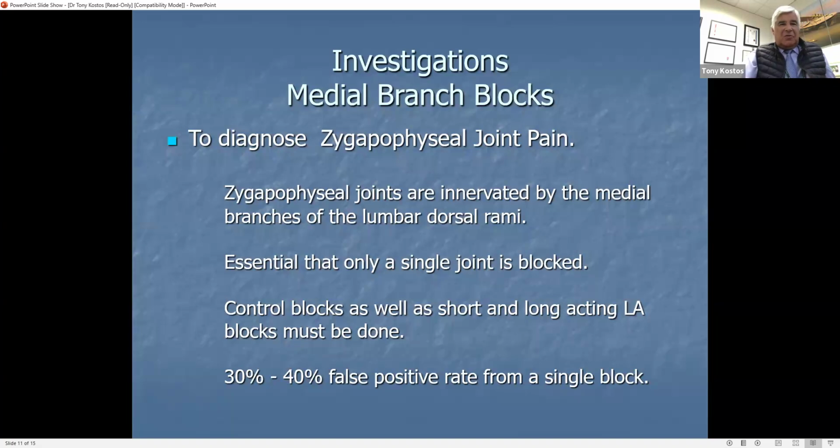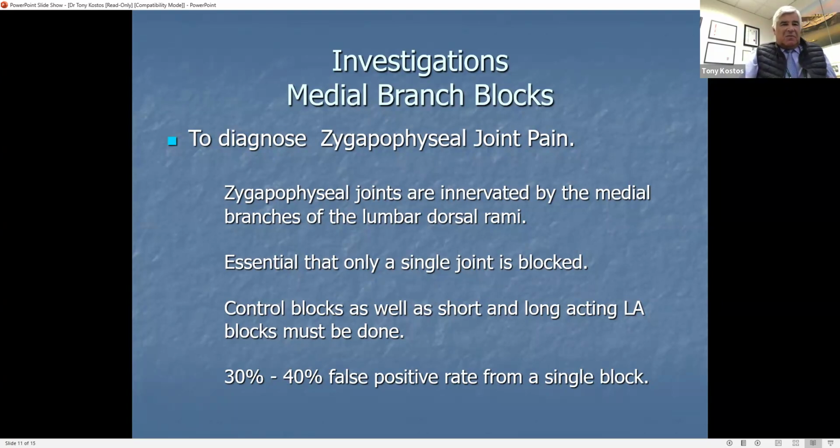So why do we do medial branch blocks? It was found that just injecting the facet joint couldn't actually confirm that patients had facet joint pain. This is because these joints are very tiny, and people were injecting a mil of local anesthetic and a mil of cortisone, and it was going everywhere.